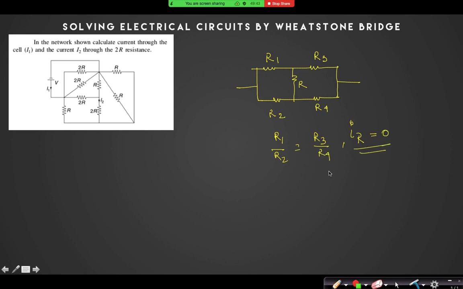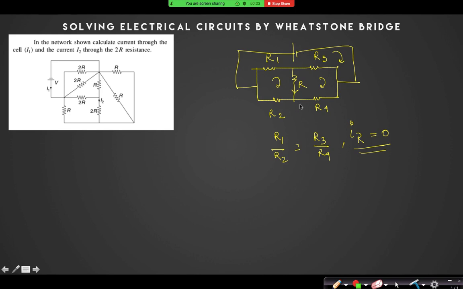That you can also prove by using KVL and KCL. Means if you draw 2 loops, you write 2 loop equations, and you take any other voltage, you write another equation. So by solving these 3 equations, you will find that current in this branch will be 0.